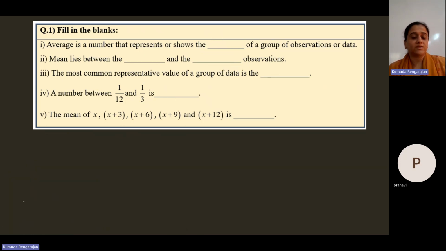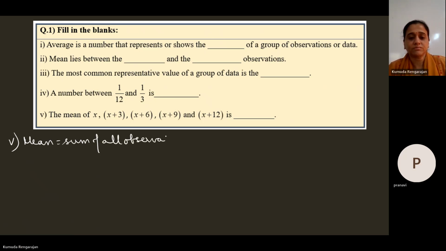Next one. The mean of x plus 3, x plus 6, x plus 9, and x plus 12 is. So how do you find mean? Mean is equal to sum of all observations divided by number of observations.